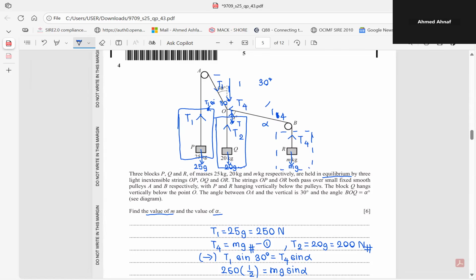So vertically, T2 is acting upwards, so is T4. The vertical component is T4 cosine alpha. And then for T1, that is T1 cosine 30.